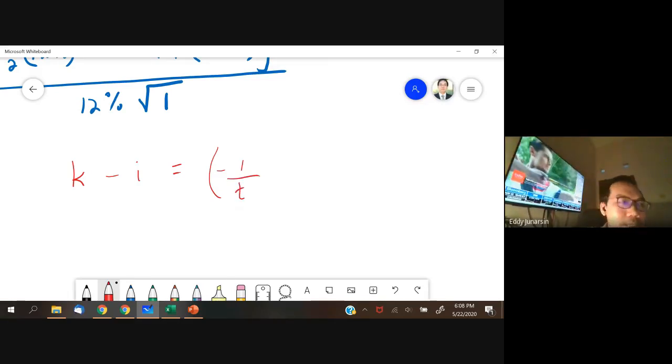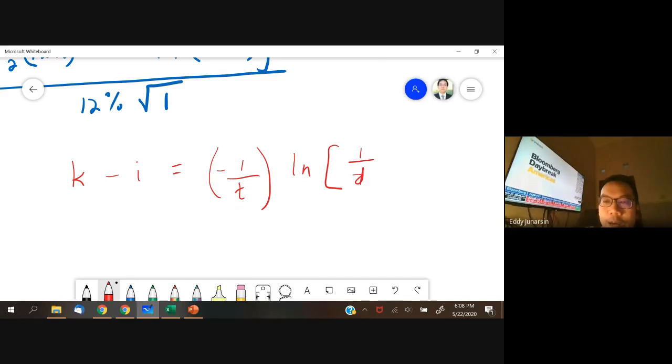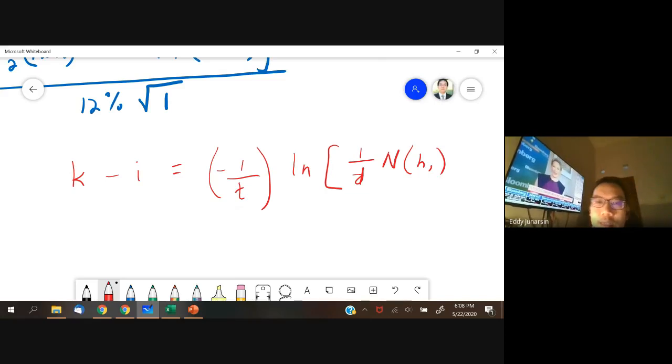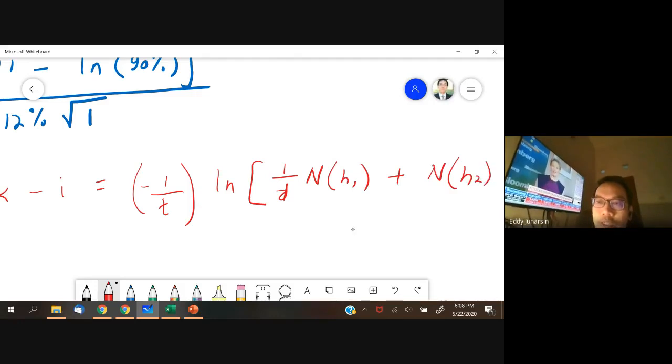It's very easy in our example. The time is 1, multiplied by the natural logarithm of 1 divided by the debt ratio times N(H1) plus the standard normal distribution value of H2.